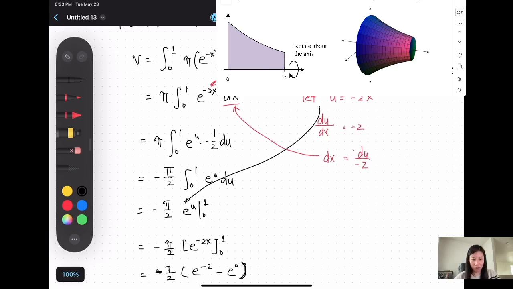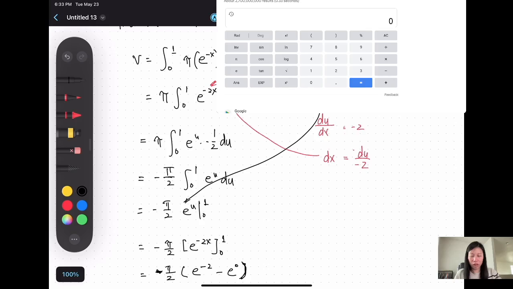And now let's use a calculator to calculate that. So for this one, I got negative 3.14, which is our pi, divided by 2, and then multiply e to the negative 2 power, and then subtract e to the 0, which is 1.